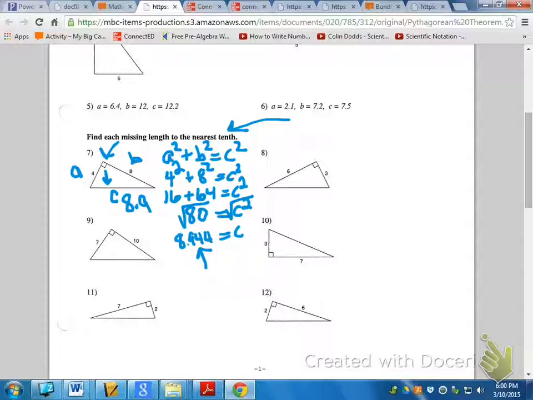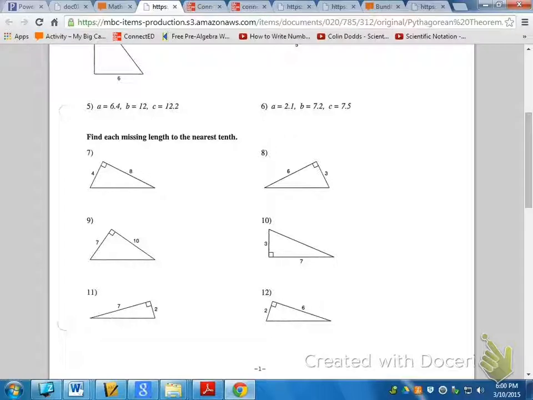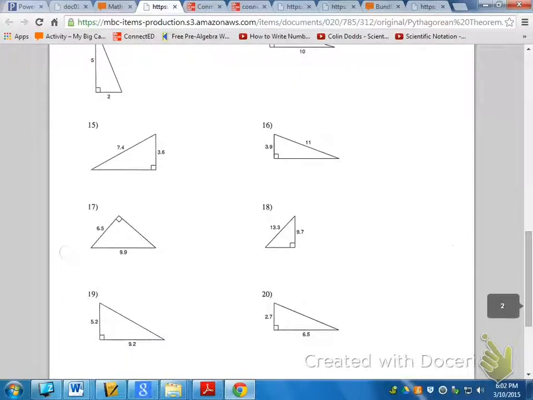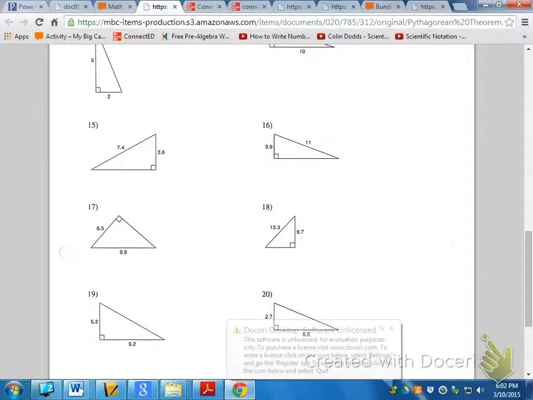All right, I'm going to go ahead and do one from the back page, because I want to do one that's not looking for the hypotenuse. So let's do, I think I'm going to do number 16. Okay, so this is the actual worksheet you will be using.